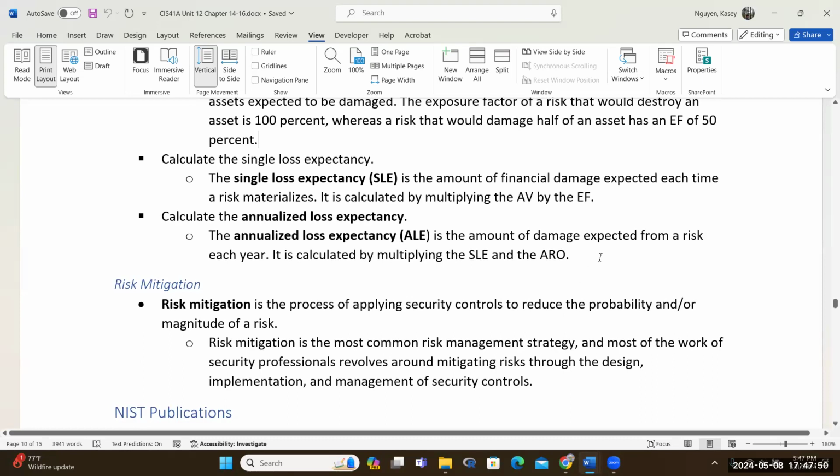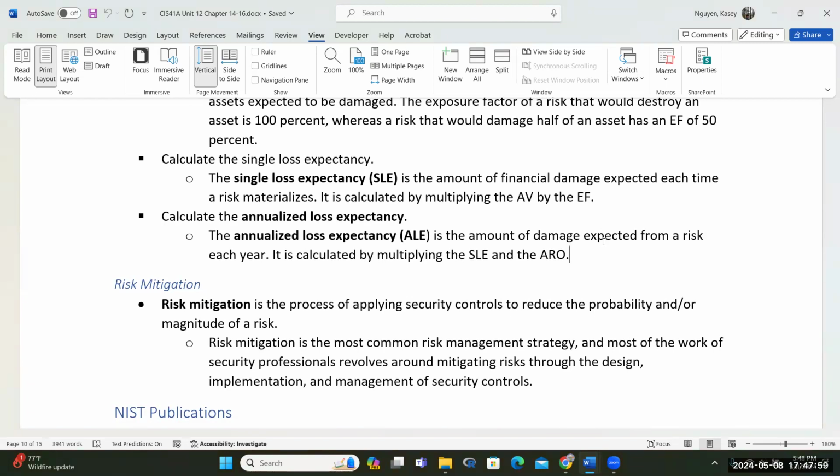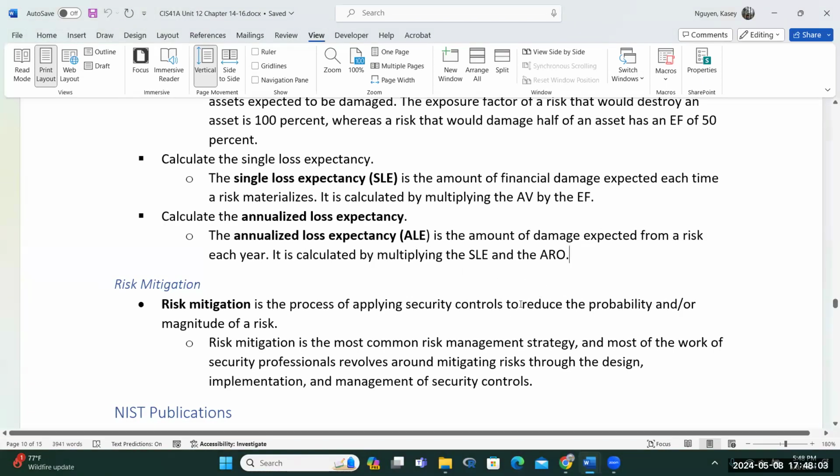So after you calculate, you qualify or you quantify your risk, you would then do risk mitigation. And risk mitigation does not mean that we would remove the risk. It's just a way that we can reduce the probability or the magnitude of that risk.